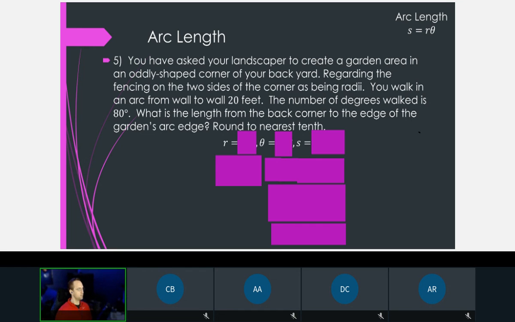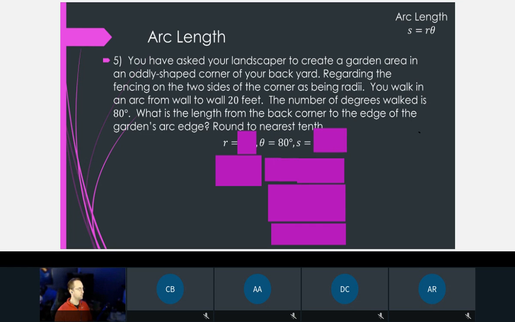All right. So in this word problem, what do we know? To find the arc length, we have to have these, r, theta, s, at least 2 of those. So what do we know? We know the length is 20. What else do we know? Degrees is 80.